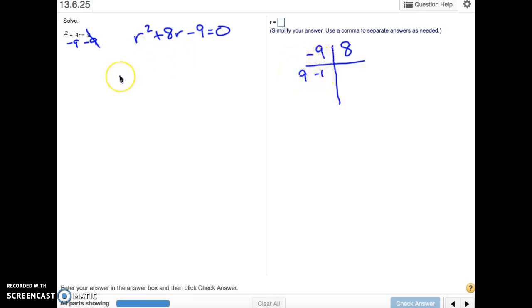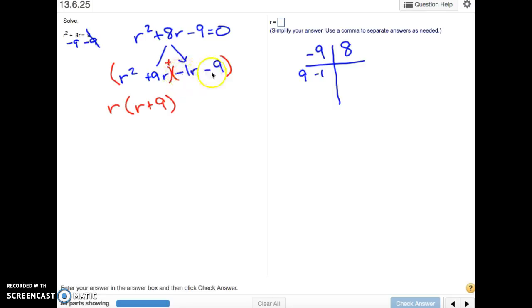So I bring down my r squared. I split up my 8r into positive 9r and negative 1r using these numbers from the table. Minus 9, group. There's a plus in between there. These both have an r in common, r plus 9.